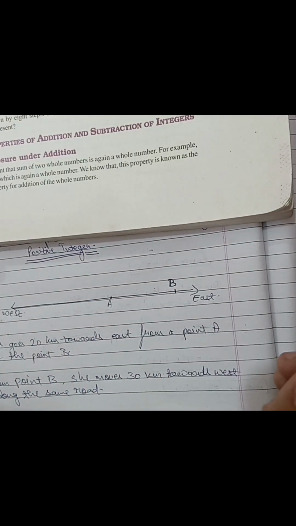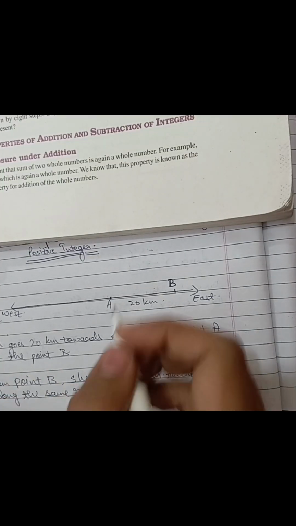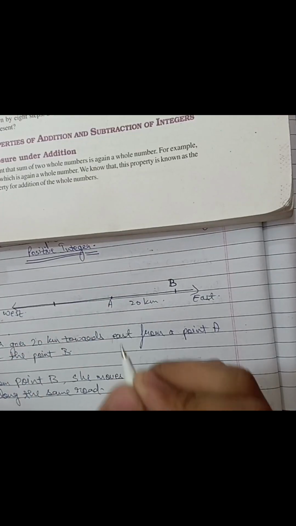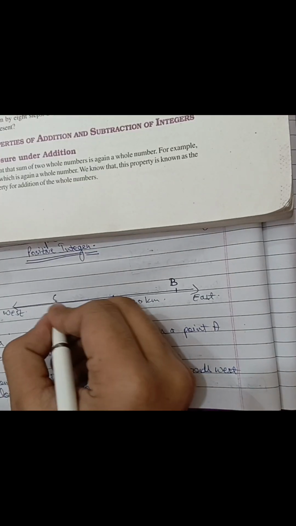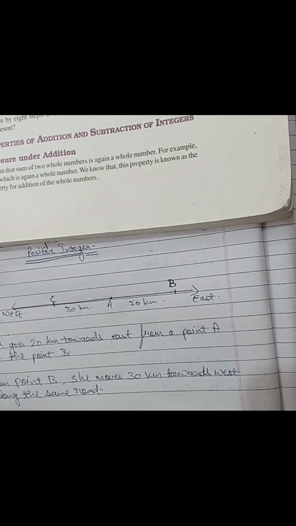From point A to point B it is 20 kilometers. Now Rita goes back from point B towards the west. Let's say this is point C, which is 30 kilometers from point B.